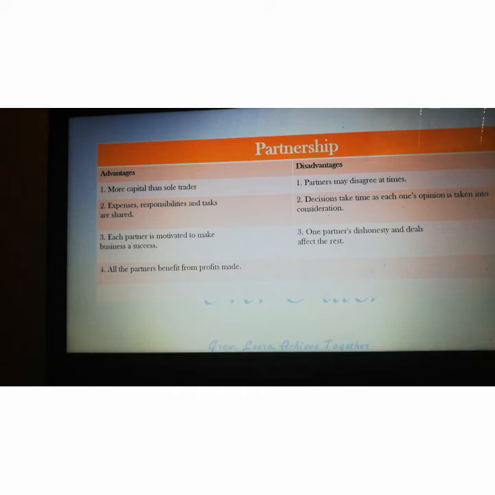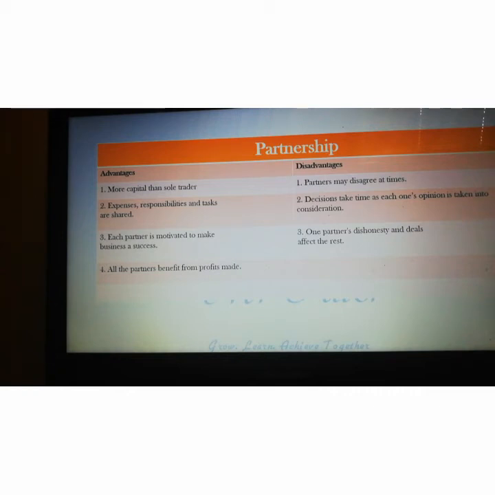This is a decision we are taking, because each one of the members also has an opinion to make with regards to whatever the business decides to do. So it is frustrating at times, but if you guys have a common goal, then it's easier to achieve.